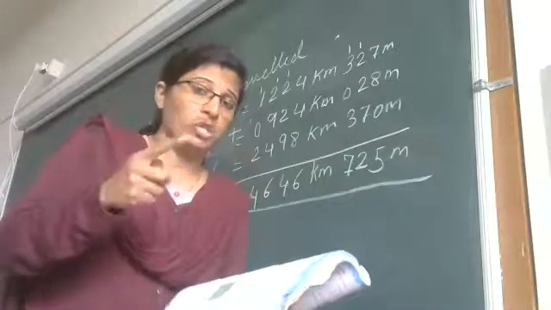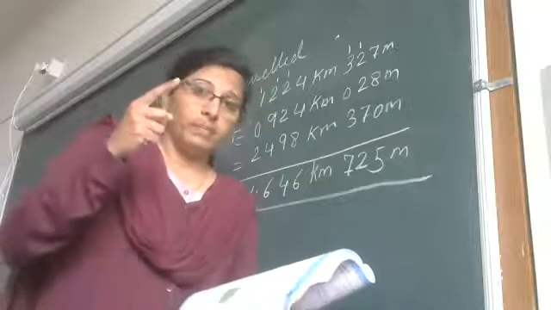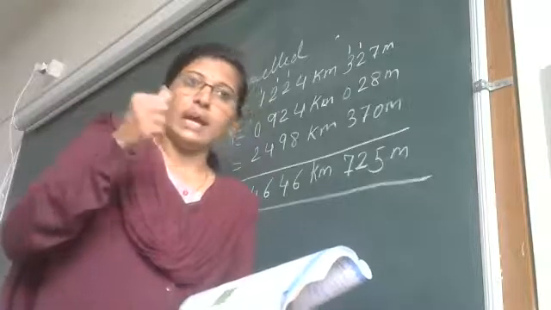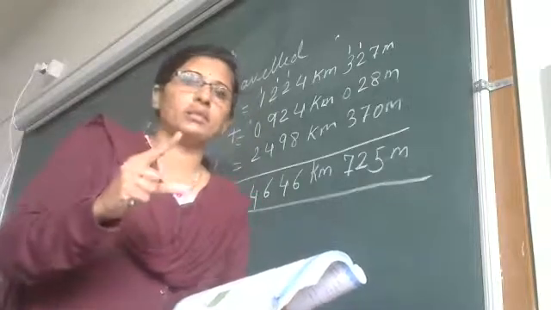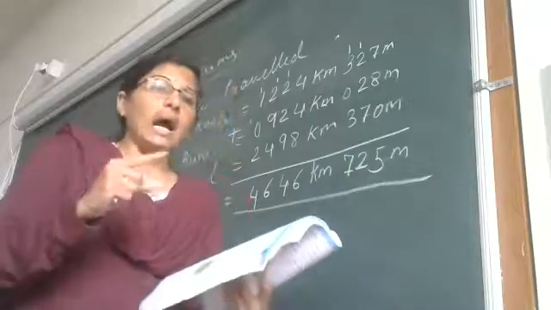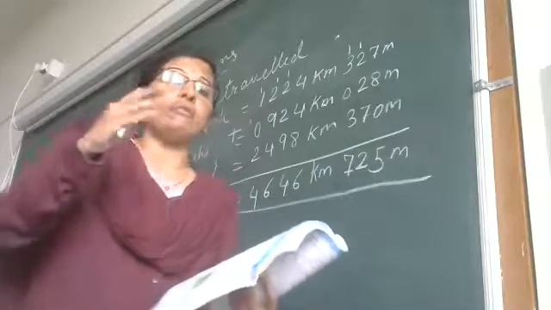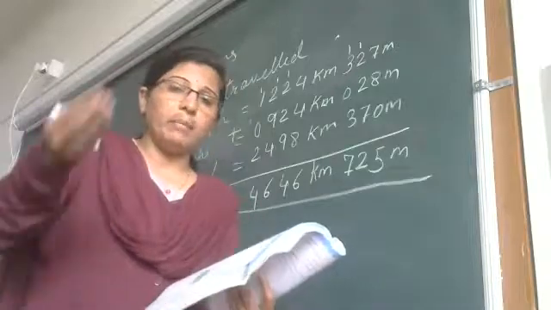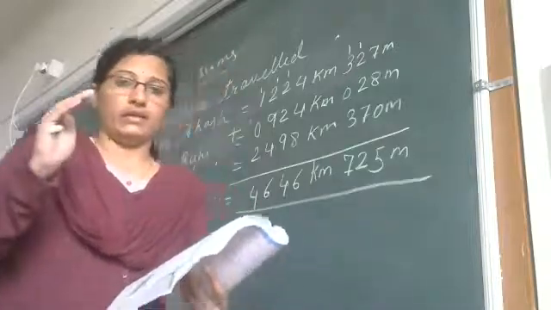So what do you have to do here? Which operation? Multiply or divide? Multiply. Why? Because we have to find one to many. When we have to find many, we have to multiply.